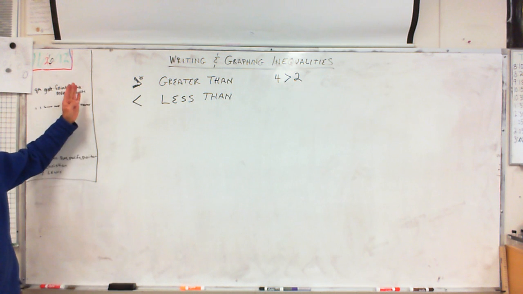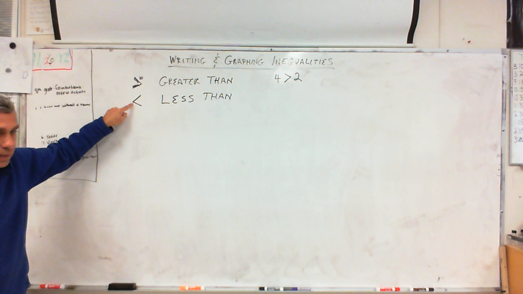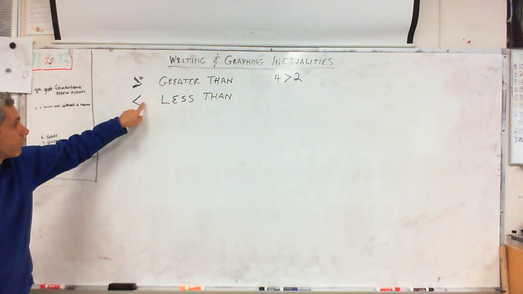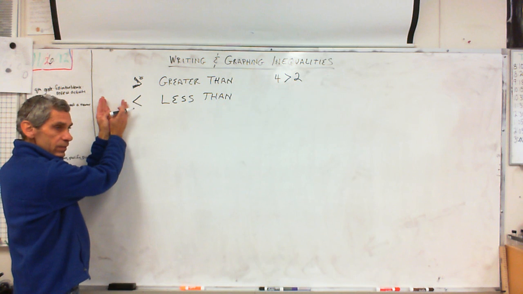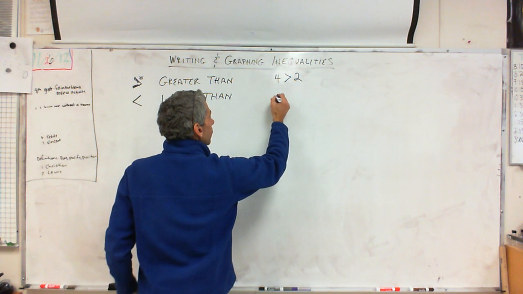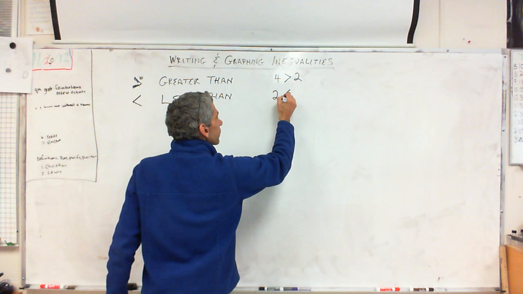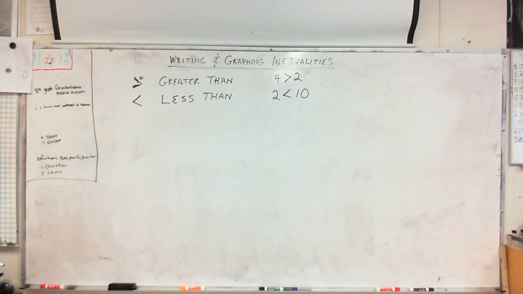Again, as you're reading from left to right, this is tiny, and on the right side you have a huge opening. So everything on the left is less; this is less than this. An example would be, 2 is less than 10. Makes sense so far? It's not that hard.